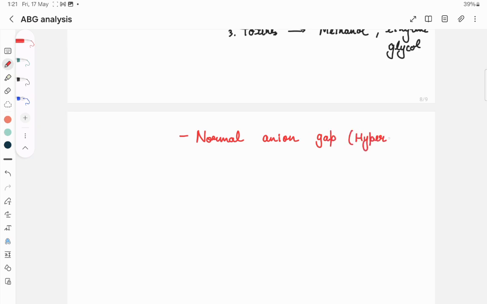What is the normal anion gap? Metabolic acidosis.